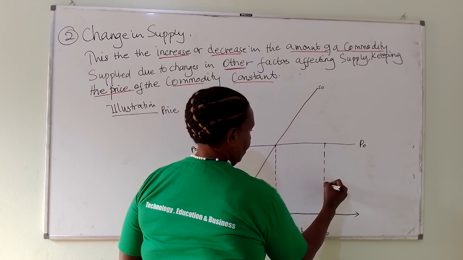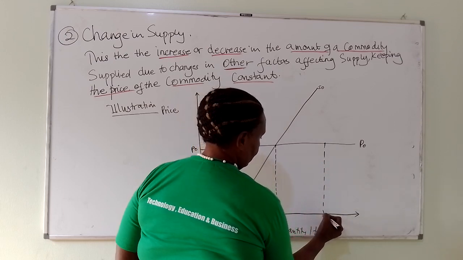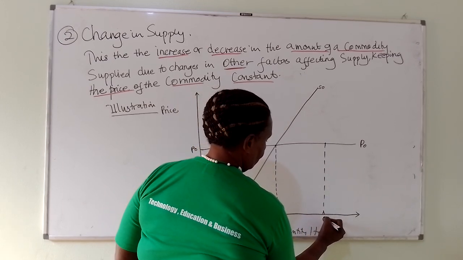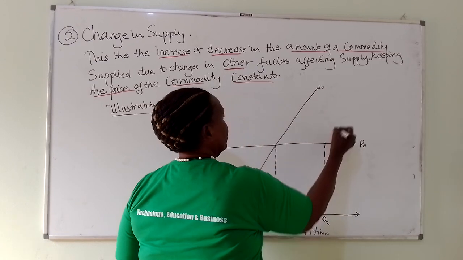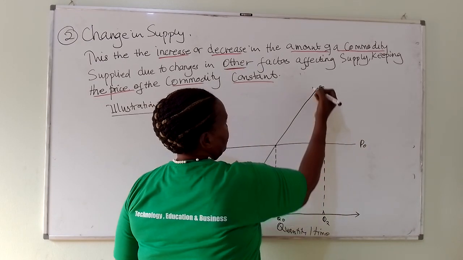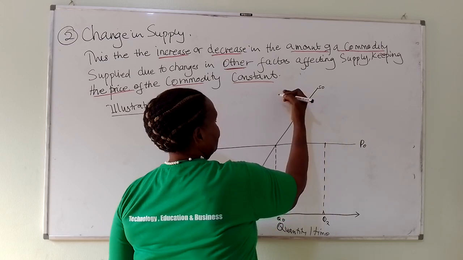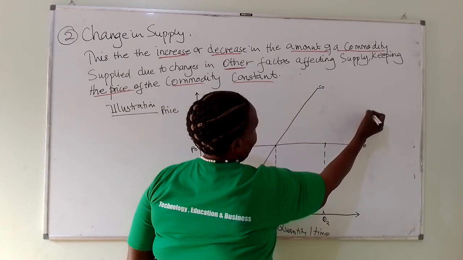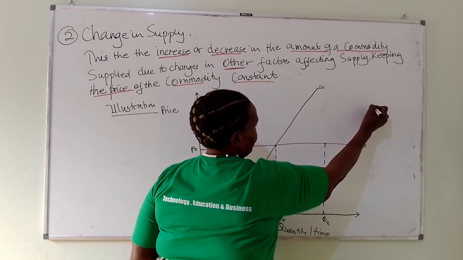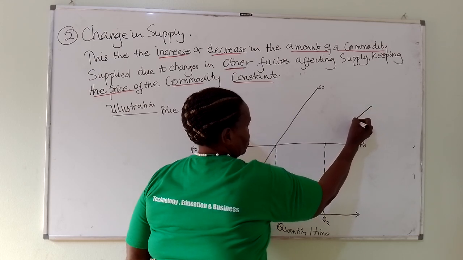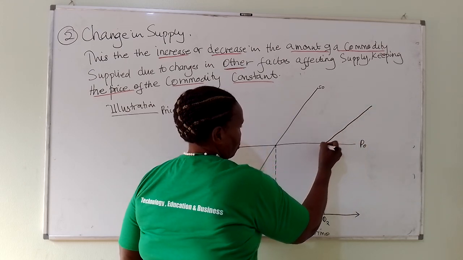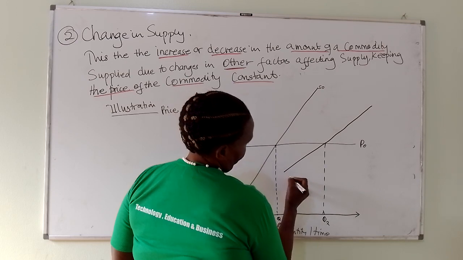If that is our bigger quantity or bigger amount supplied, Q2, then we don't shift this supply curve in any way, but we shift it in the rightward direction, and we draw a completely new supply curve.